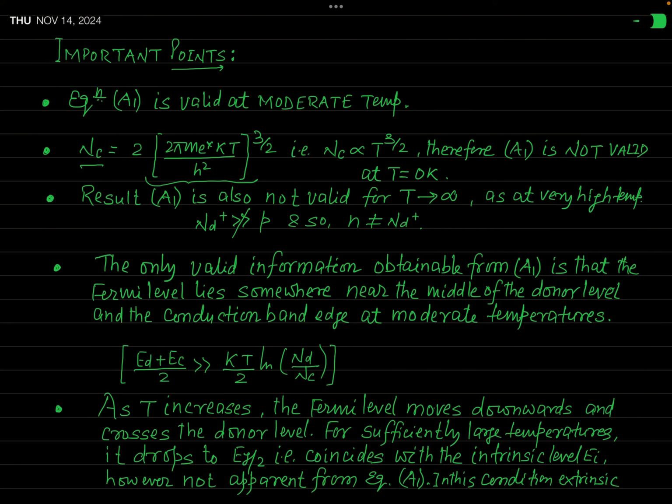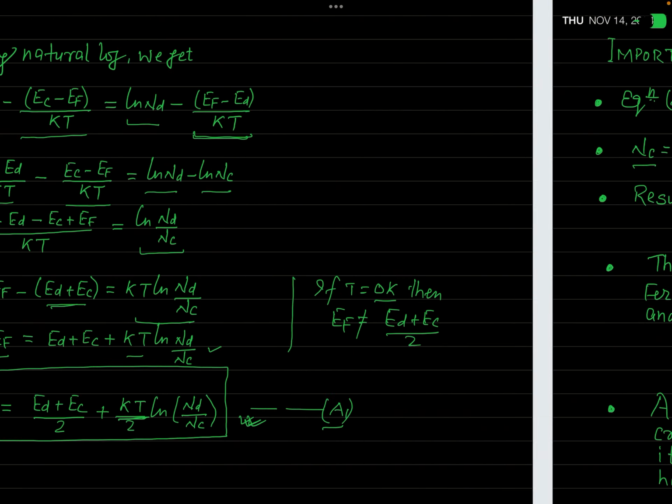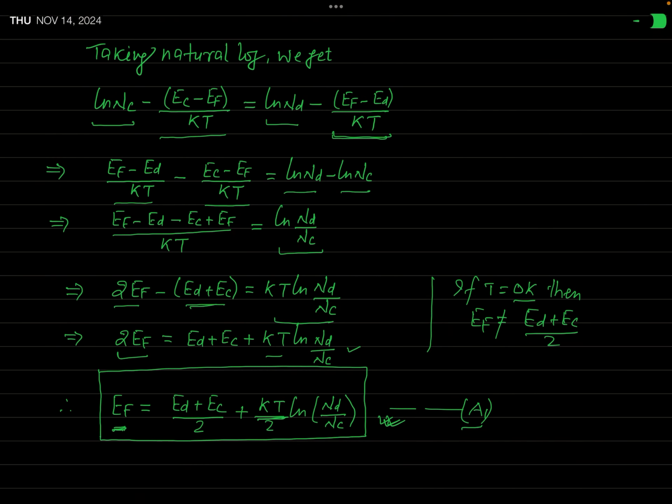Okay. So from this result you can see that this Nc is proportional to T to the power 3 by 2. So when we put the value of Nc here, there will be T to the power 3 by 2. And if you take here T equal to 0, then there will be log infinity, which is undefined.